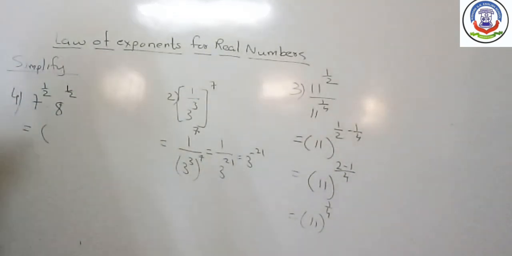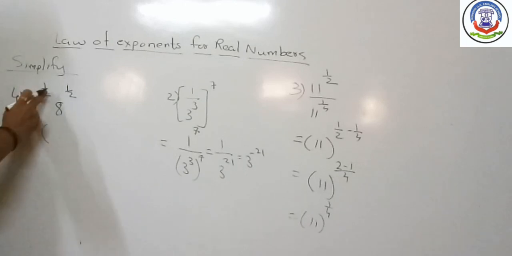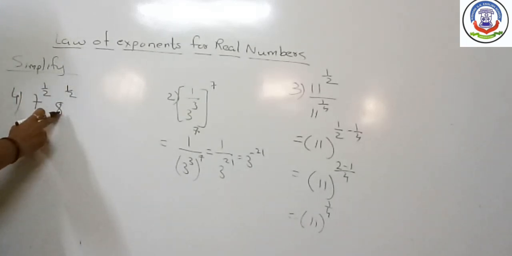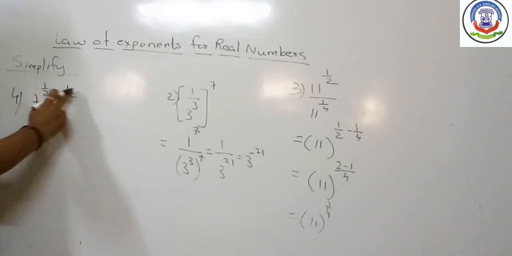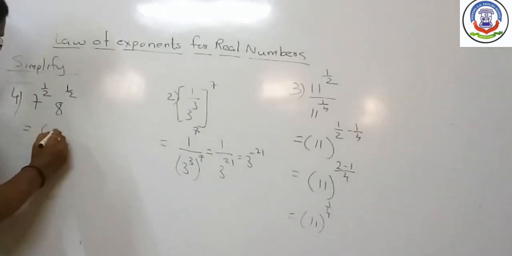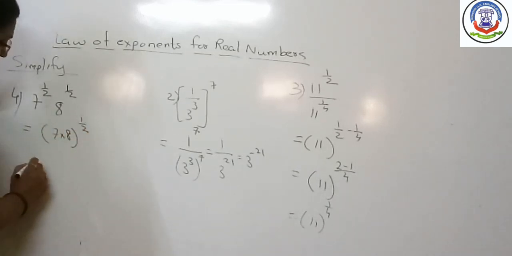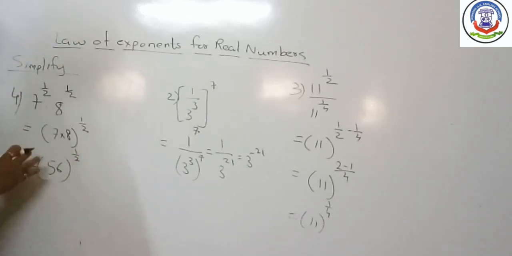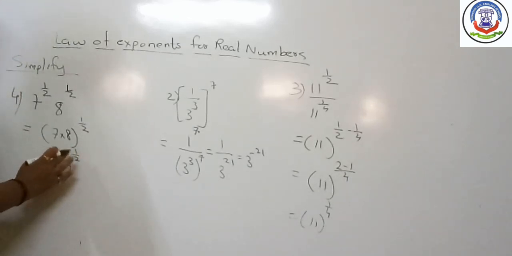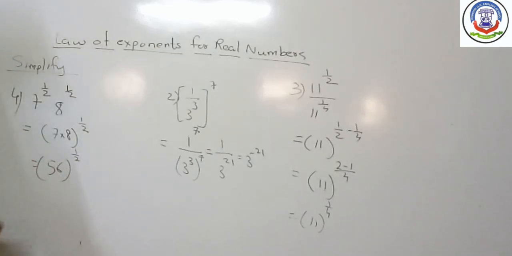Again, fourth sum: 7 raised to half into 8 raised to half. Therefore the answer is ab raised to p, as the exponents are the same. Therefore it is 7 into 8 raised to half, which is 56 raised to half. We can further convert it into simplified form or keep it as it is.